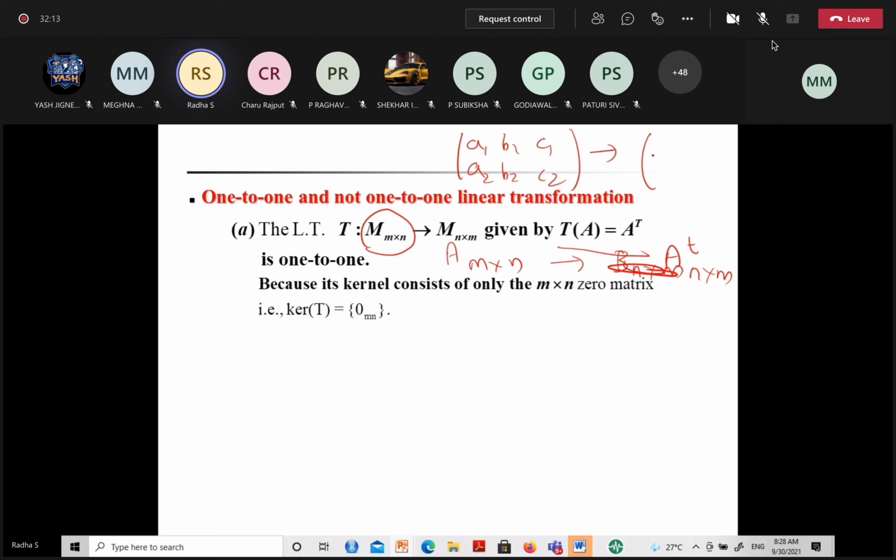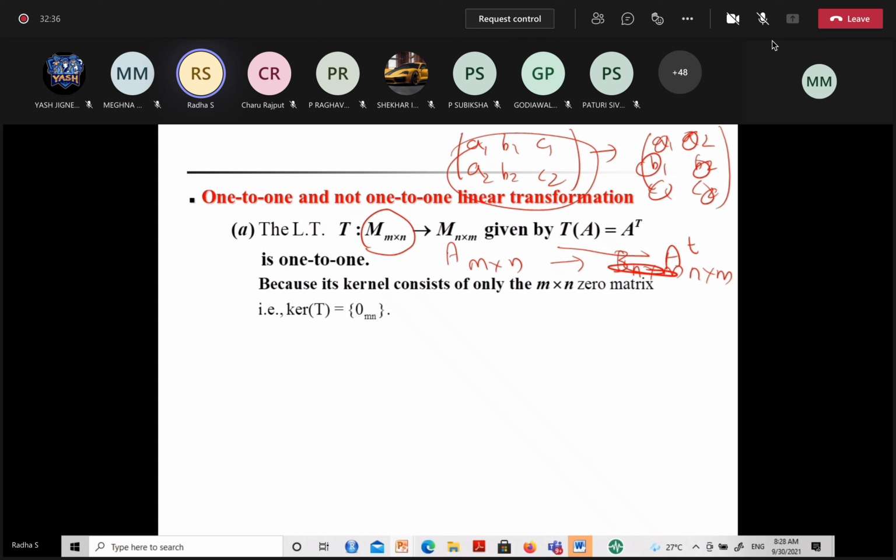By the linear transformation, this goes to A1, A2, B1, B2, C1, C2. But I am saying that all these entries are 0. So when can this happen? This goes to 0 matrix, so the original matrix should be the 0 matrix.